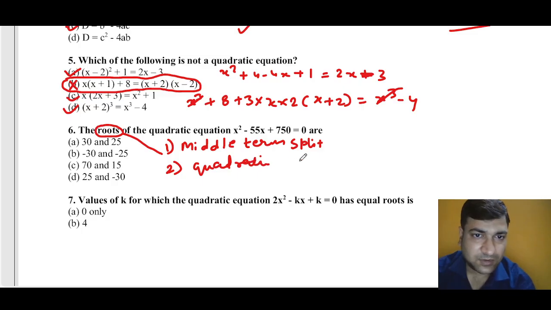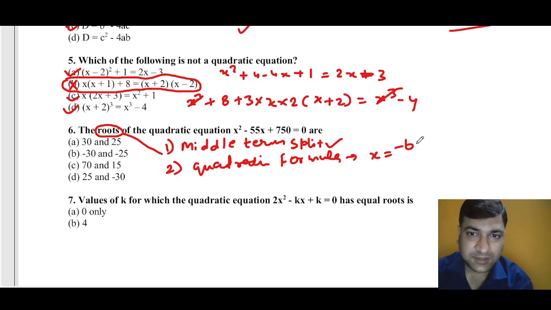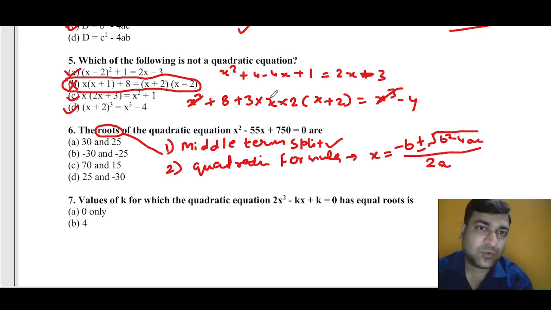I think everybody knows what middle term split is, and the quadratic formula is x equal to minus b plus minus square root of b square minus 4ac upon 2a. What are a, b, c? The coefficient of x square, the coefficient of x, and the constant term. So we can find the solution by using either method.